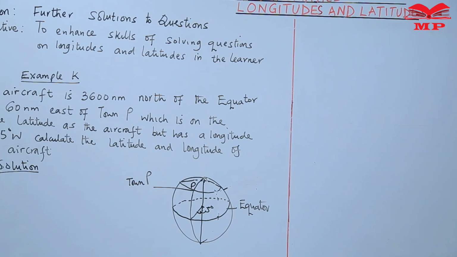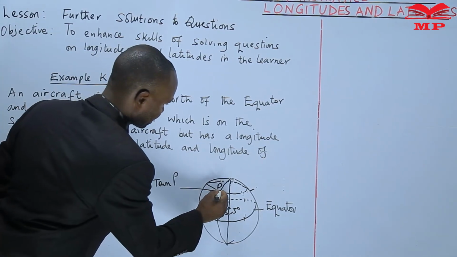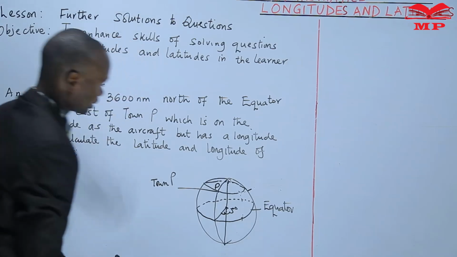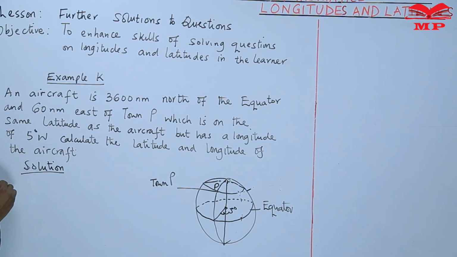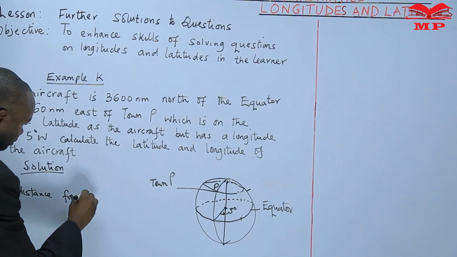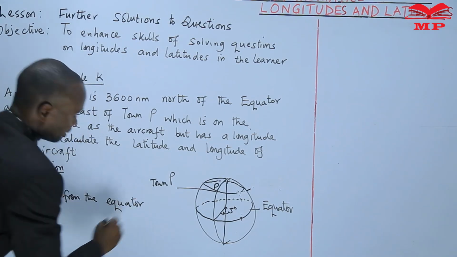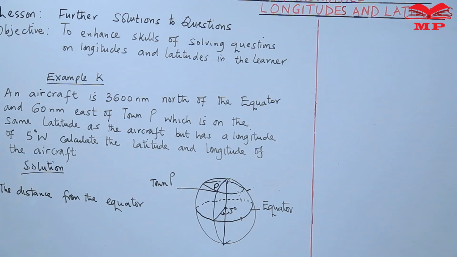So there are two questions there. One, calculate the latitude and the longitude of the aircraft. Latitude and longitude. But they have given you this distance. So you write the distance from the equator to the aircraft.